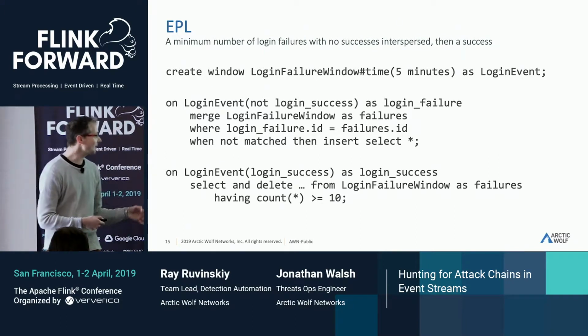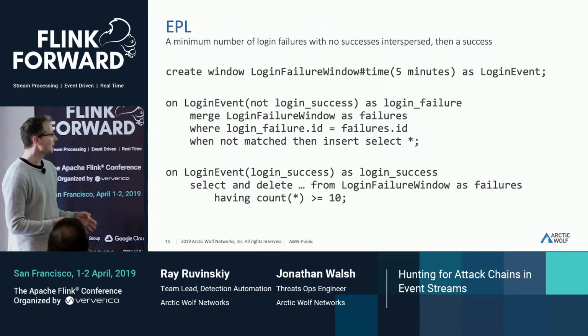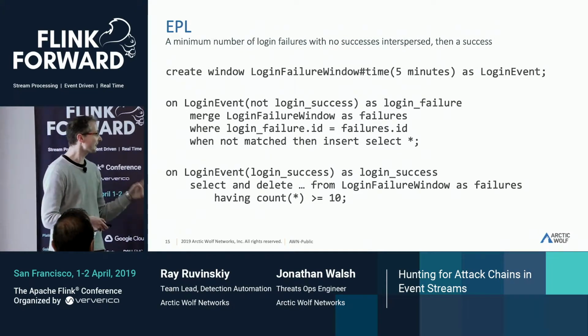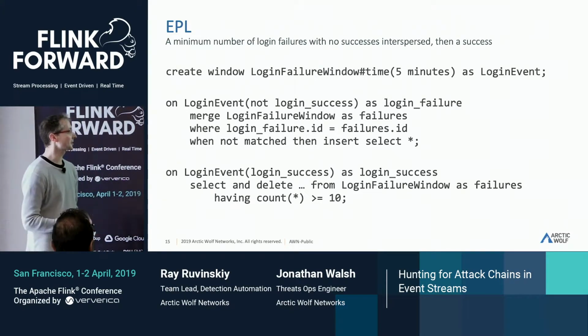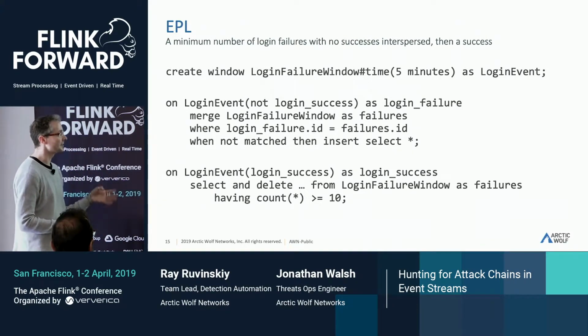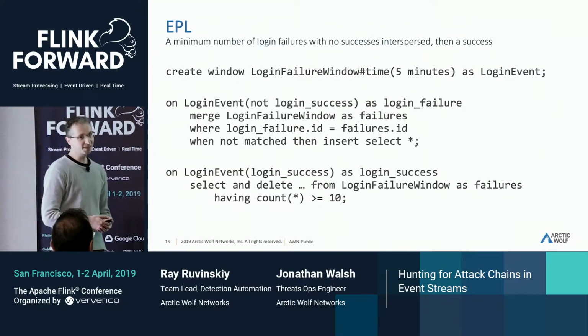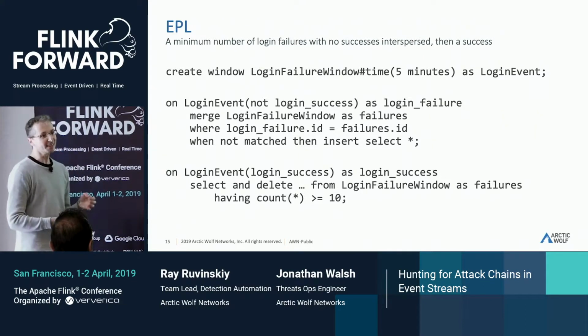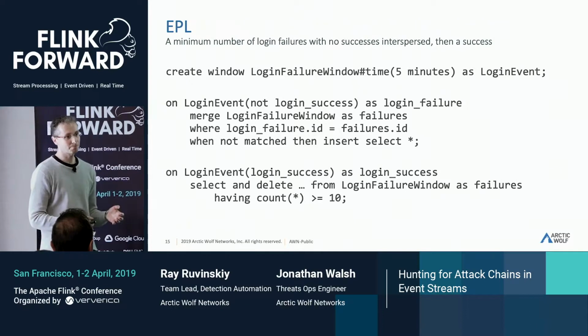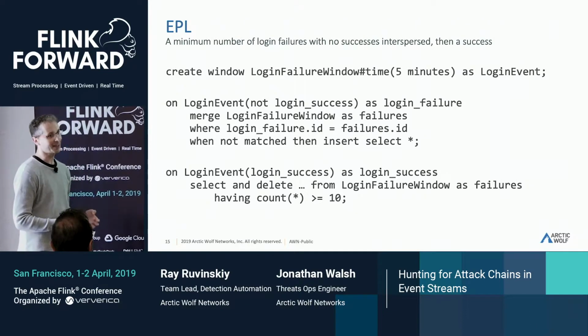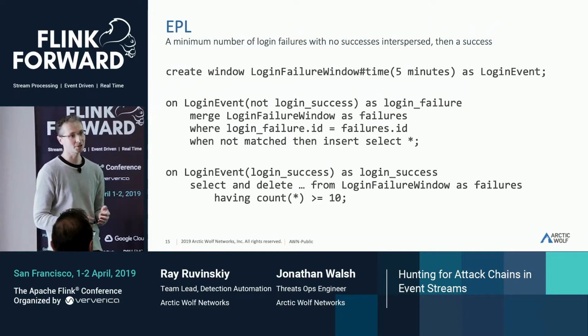Finally, when we have a login event that is a login success, we use something called select and delete, which has very interesting semantics. So it looks very simple, select and delete from login failure window having count at least 10. And so what this does, if we have at least 10 failures in the window, they get selected out and emitted as a match, and also deleted from the window.